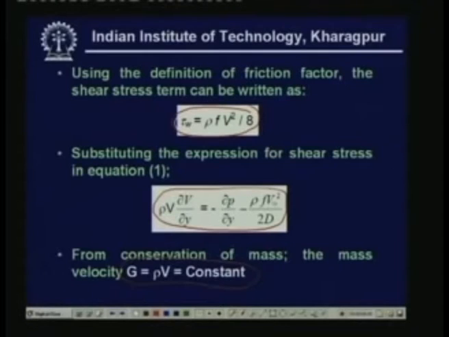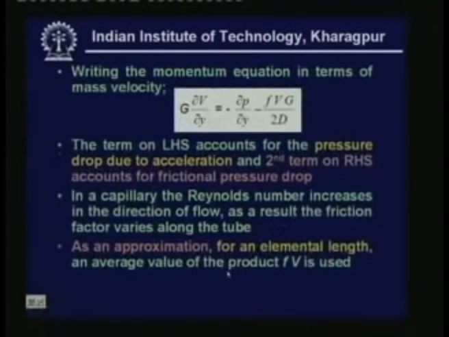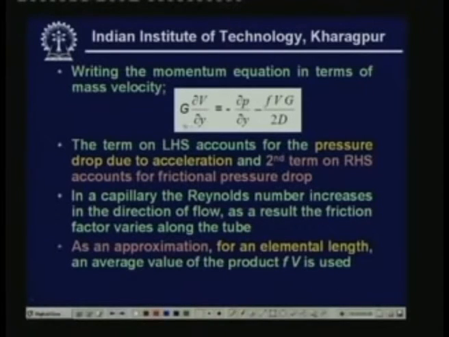So, what we do is we replace v by G, that means we write this equation in terms of mass velocity G, because this is constant. Writing the momentum equation in terms of mass velocity, we get this equation. You can see that the term on the left hand side accounts for the pressure drop due to acceleration.